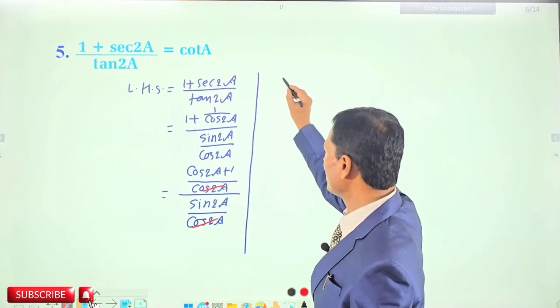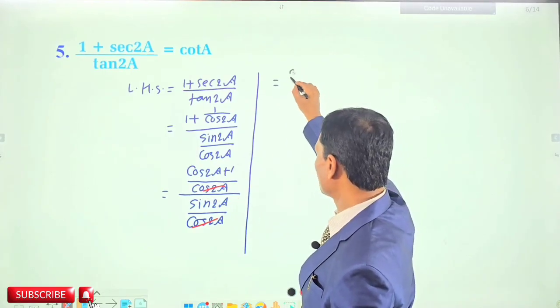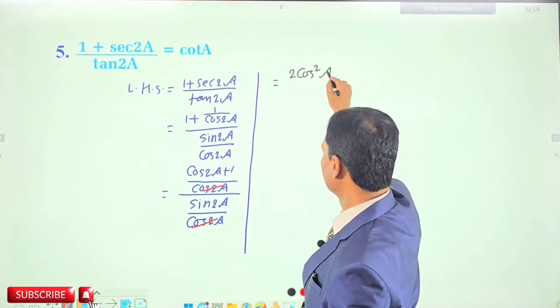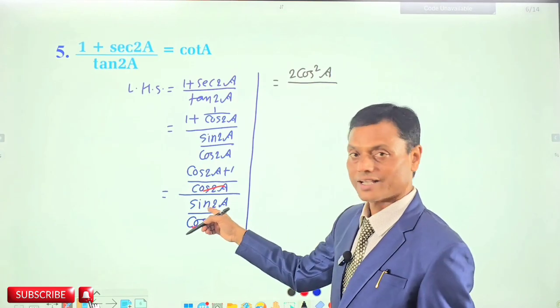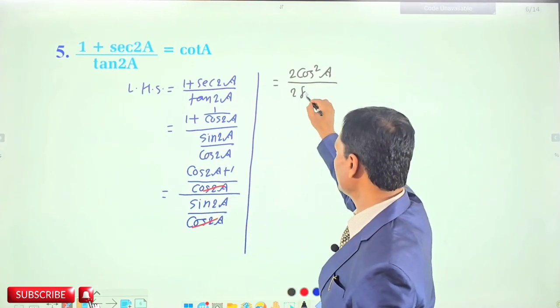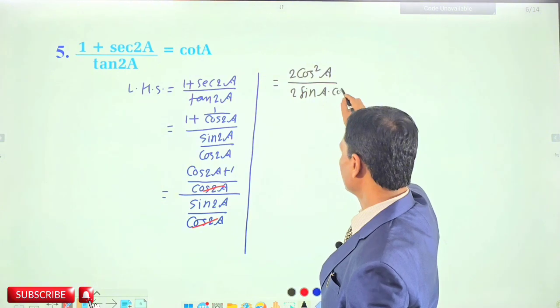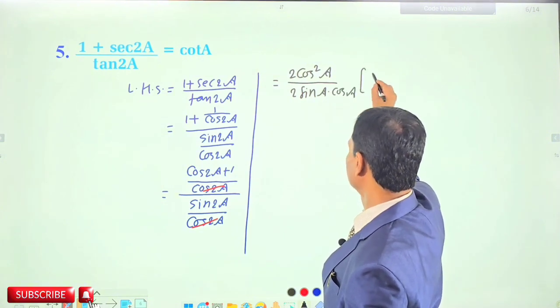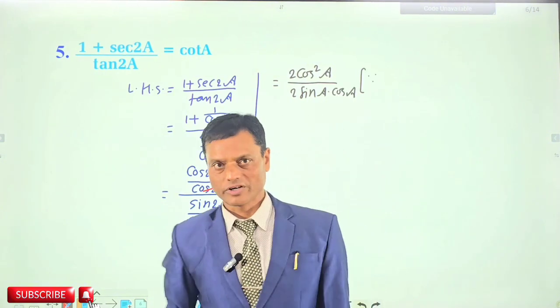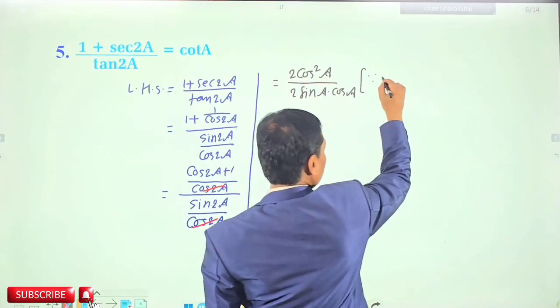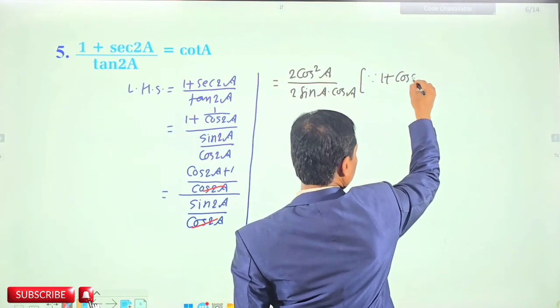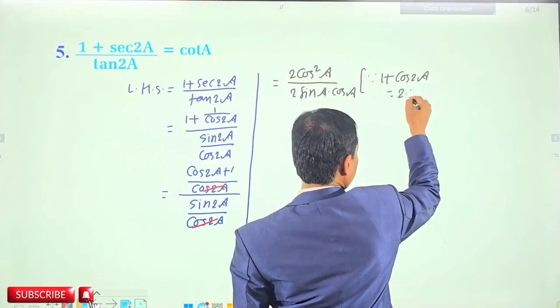So 1 plus cos 2a we can write as 2 cos square a, and at the denominator we have sin 2a, so we can write 2 sin a dot cos a. Not to forget that 1 plus cos 2a equals 2 cos square a.